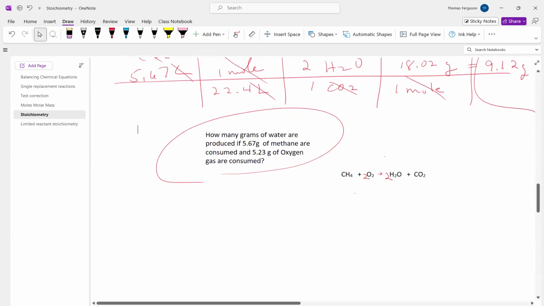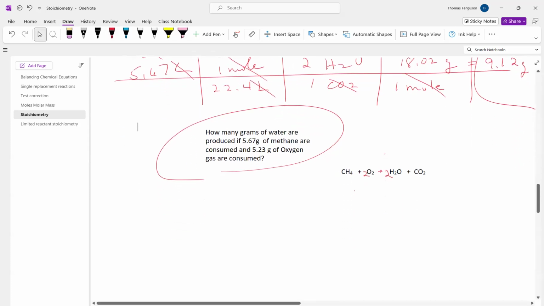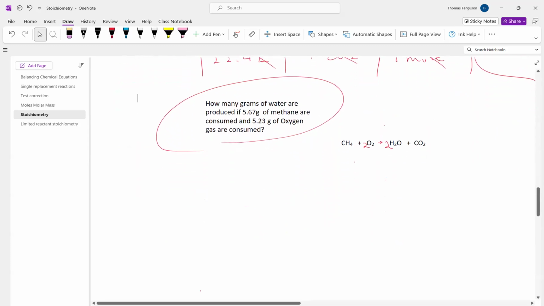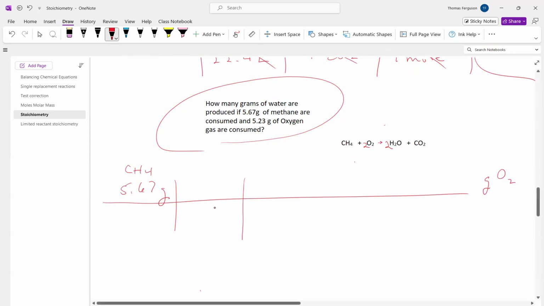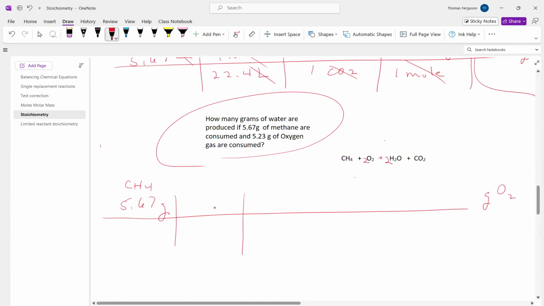Okay, so let's take the reactants individually. Let's start with the methane. And let's see how much oxygen gas is consumed. Okay, first thing is we need to figure out the mass of methane. Who remembers the molar mass for methane? Well, it's 12.01 and then 4 times 1.01.